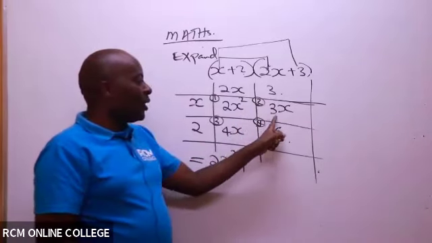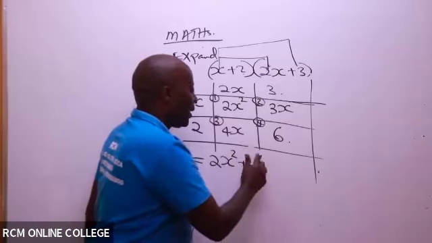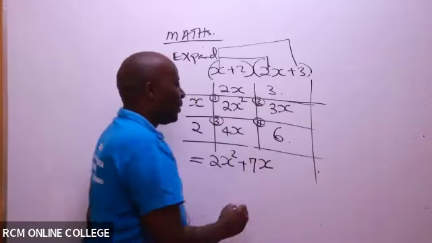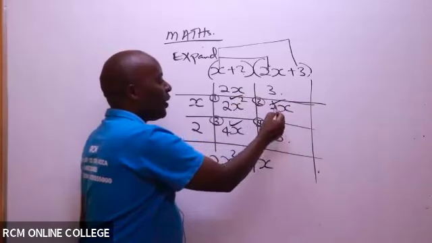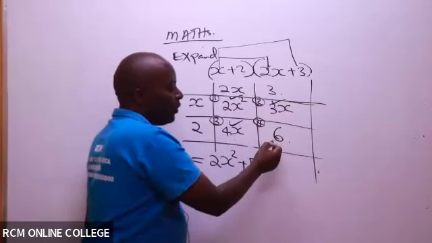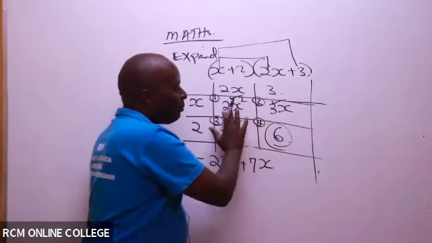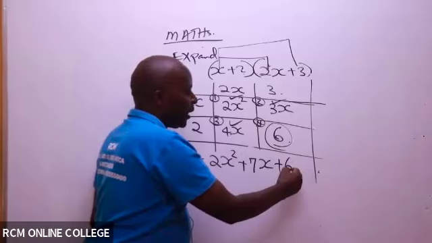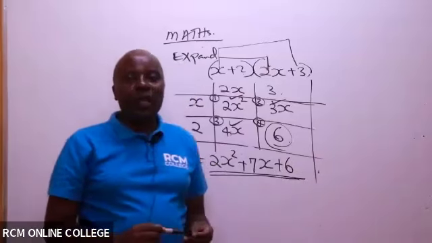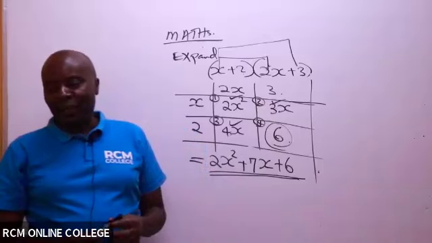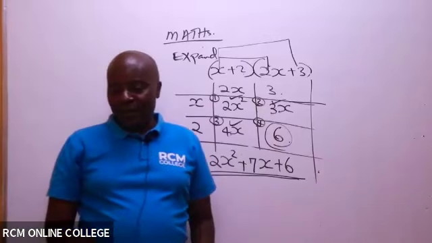So 4x and 3x gives me 7x. So I'm through with these two because I've added them. And then we have this one left alone without a partner. So you just bring it like that. And you have finished your expansion the engineer's way.